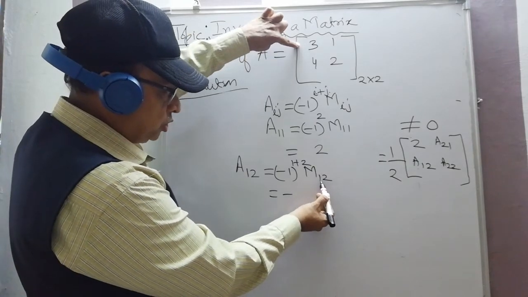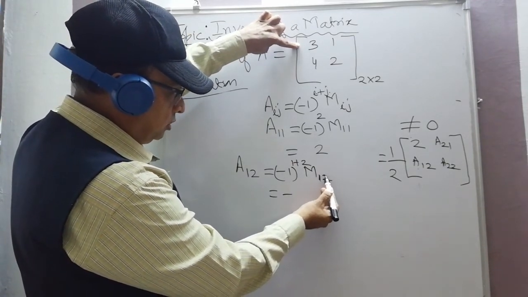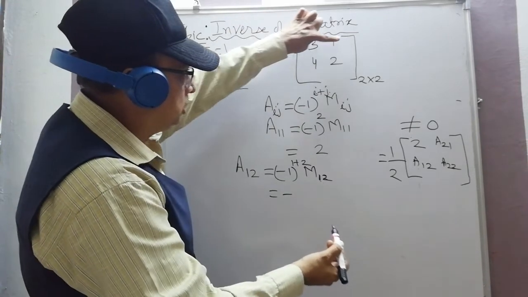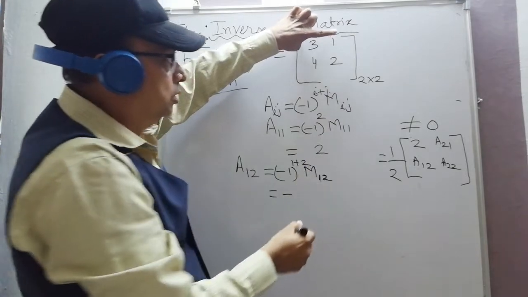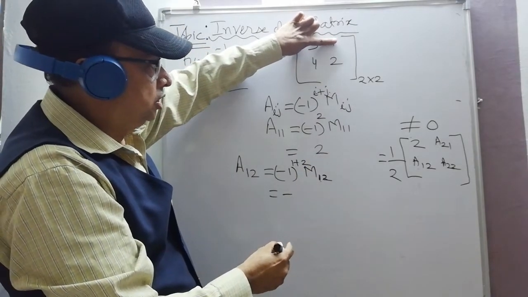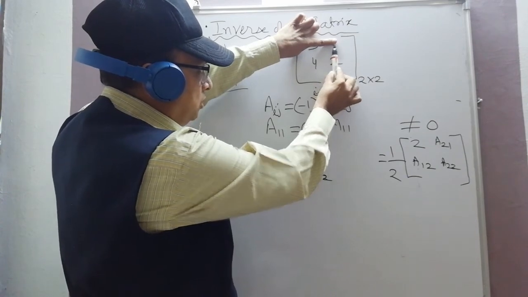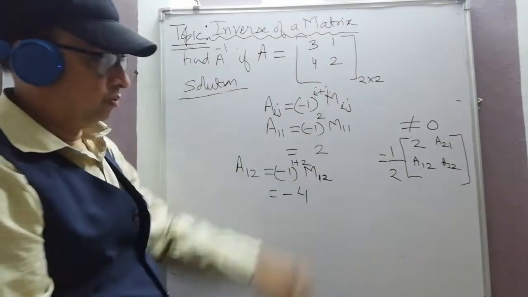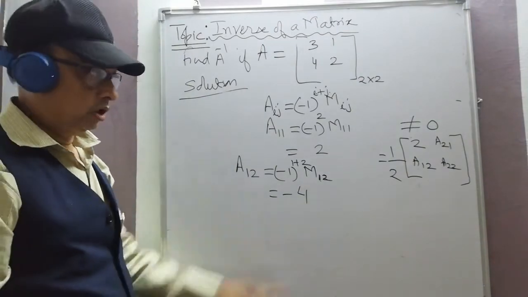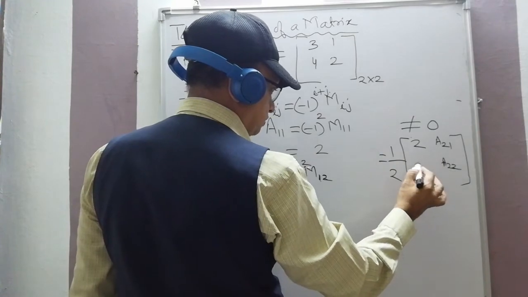M12 means the element of first row and second column. So first row is this one, second column is this one. Deleting this row and this column, you get the minor of this one. It is 4. So it is minus 4. So in place of A12, I am writing minus 4.